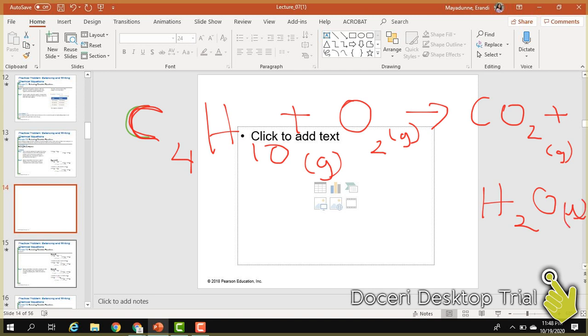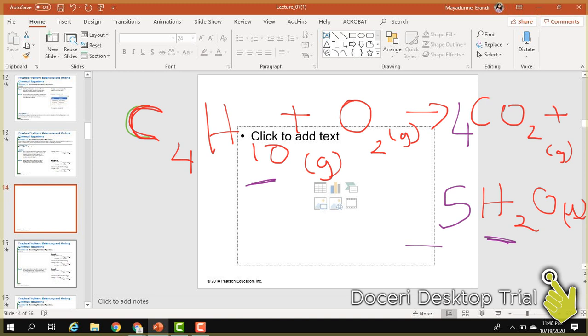I have 4 carbon and 1 carbon. In order to balance that, I put 4 in front. Then I have 10 hydrogens and 2 hydrogens. How do I make this 10? I multiply by 5. Now it's 10.